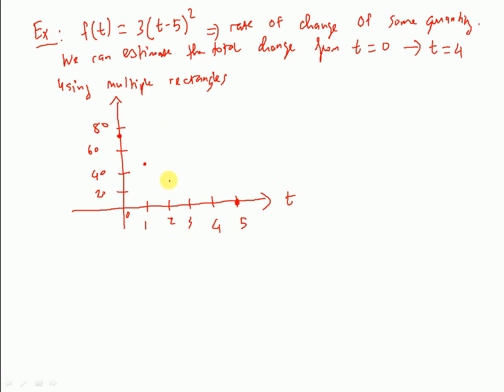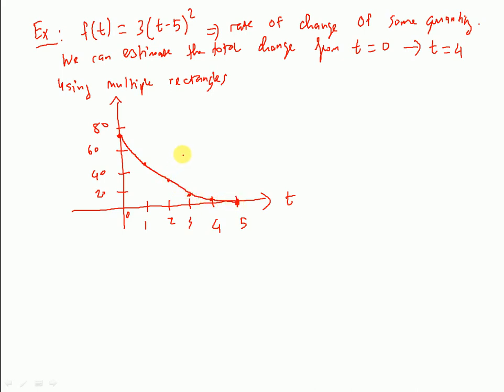So 27 is around here. And at 3, 3 minus 5 is minus 2. Minus 2 squared gives you 4. 4 times 3, that's 12. So it should be around here. And at 4, 4 minus 5 is minus 1, minus 1 squared is 1. 1 times 3 is 3. So very close to 0. So we can draw the graph something like that.